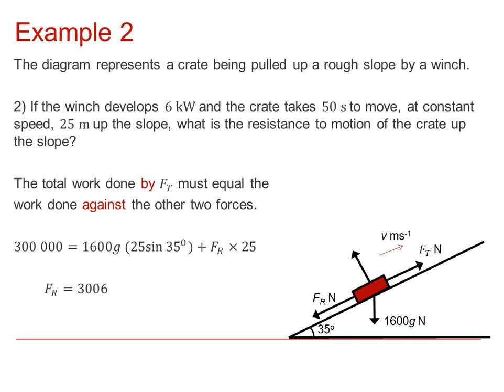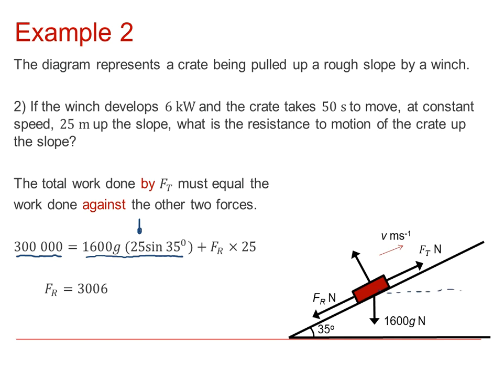So let's just check through that again. We calculated the work done as being 300,000 joules, 300 kilojoules, and then we've taken the force down the slope, or the component of the weight down the slope, multiplied by the distance it's moved, 25. This expression here is equivalent to the gain in the gravitational potential energy.